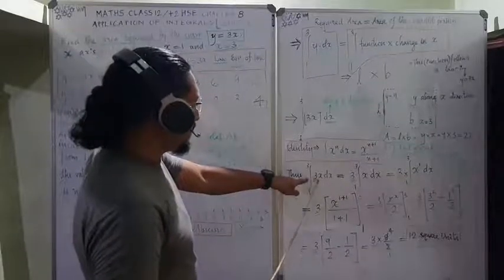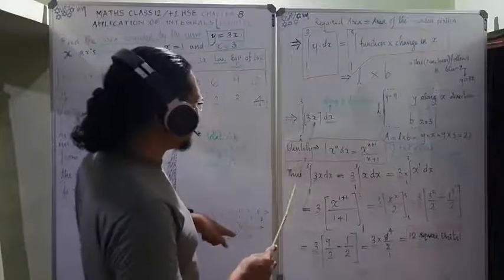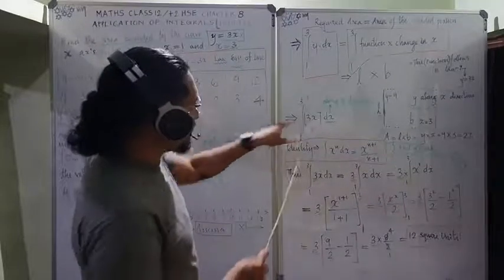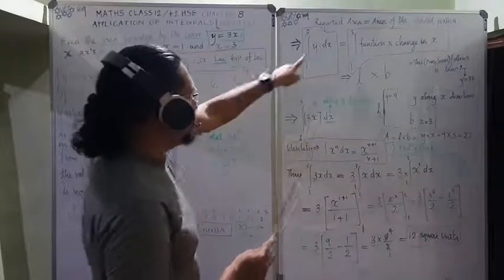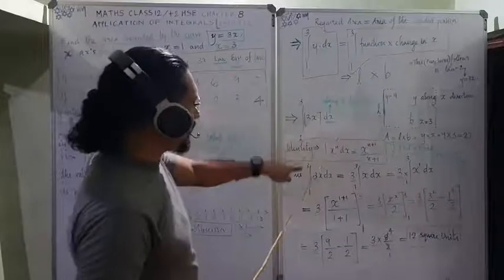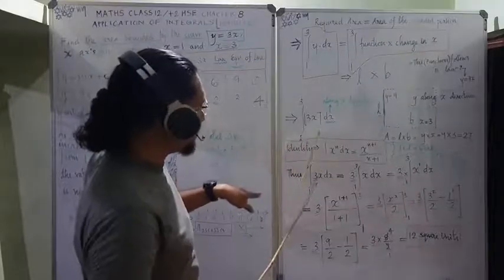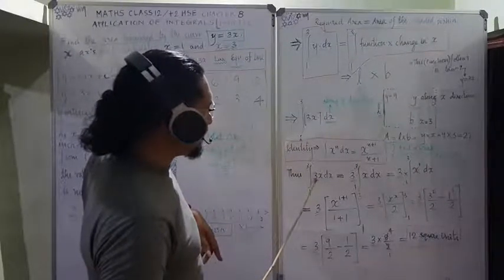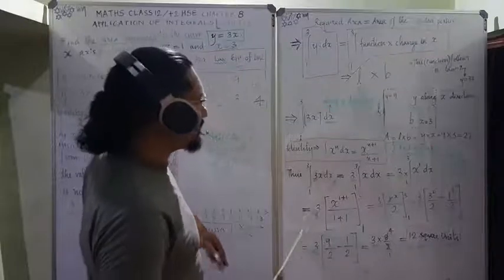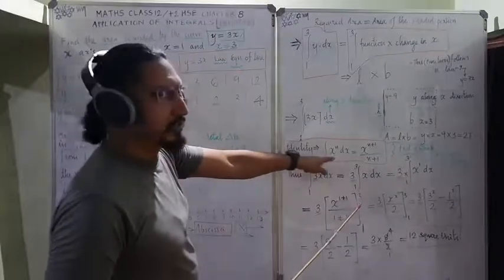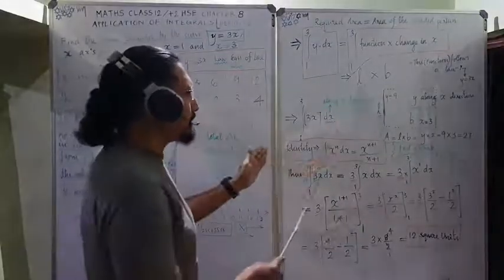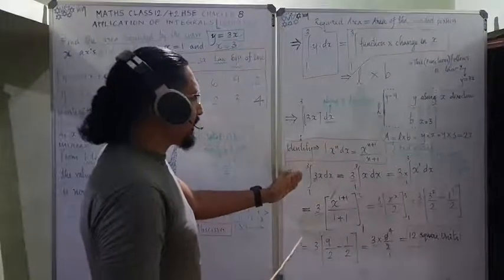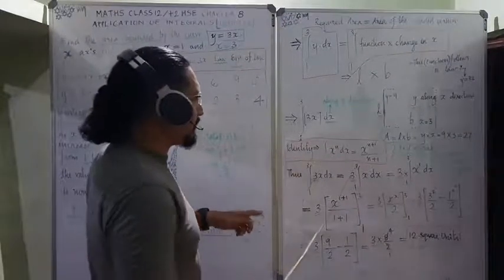So 3x dx is written over here. The y is substituted by 3x. This 3 is a constant which is taken outside, because this constant is not in the identity.